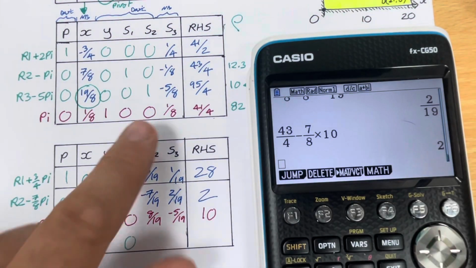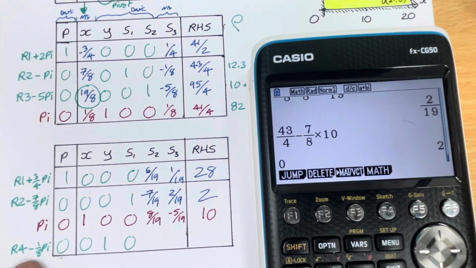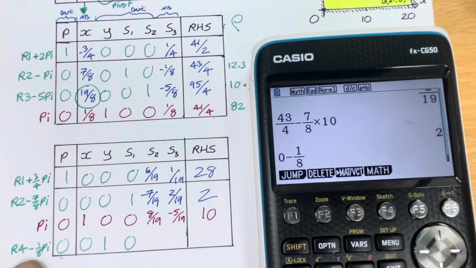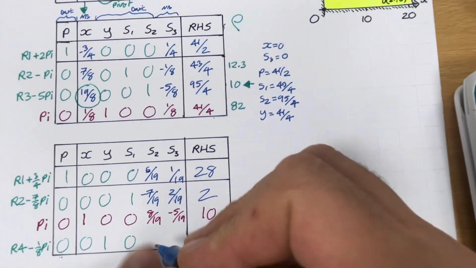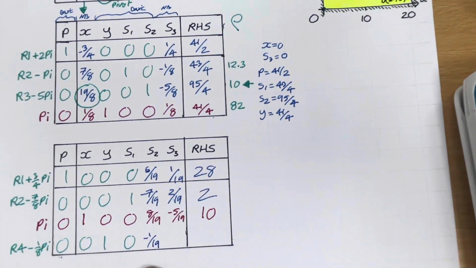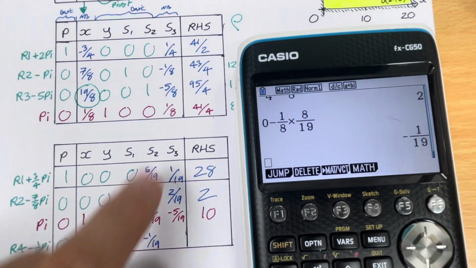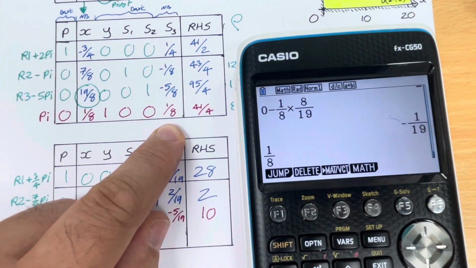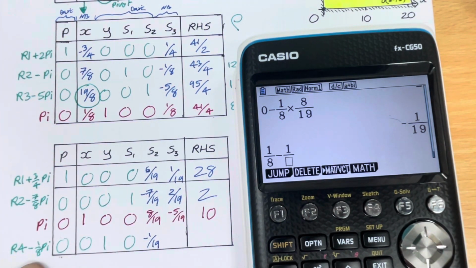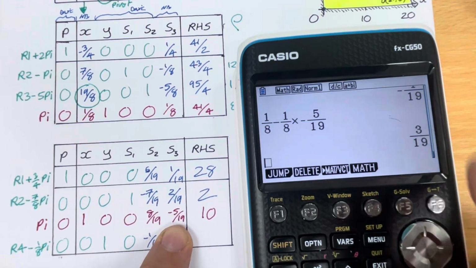And then this one here, I've got 0 subtract 1/8 times the pivot, which is 8/19, which is minus 1/19. Then I've got 1/8 subtract 1/8 times the pivot, which is minus 5/19, which is 3/19.